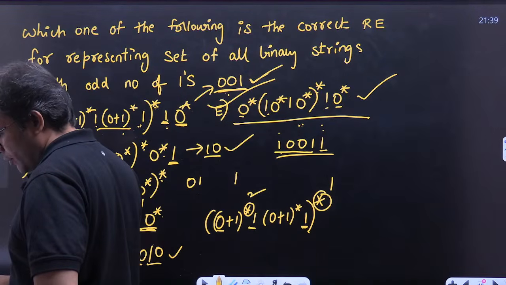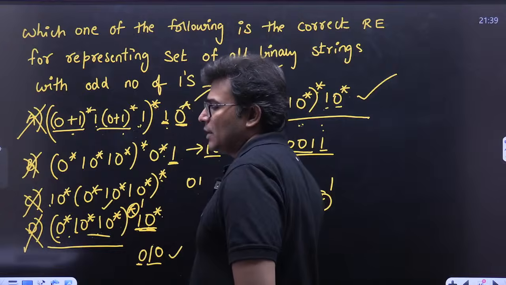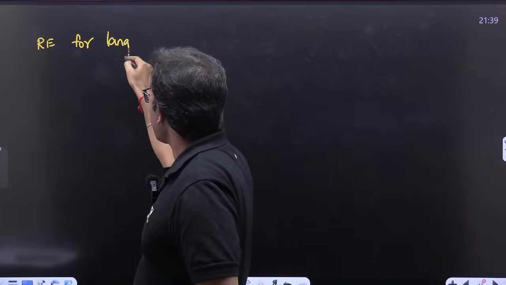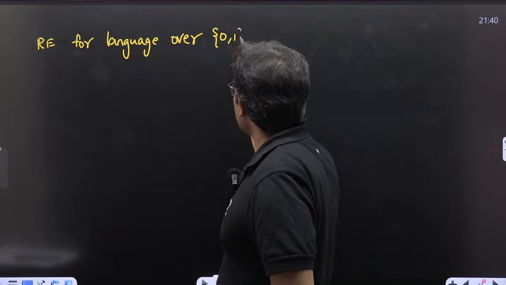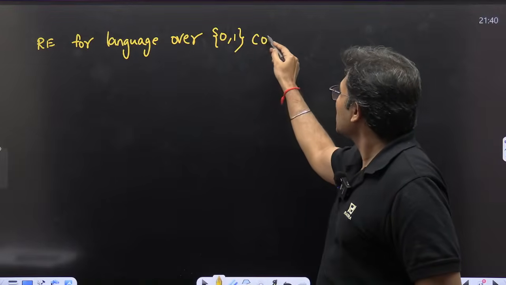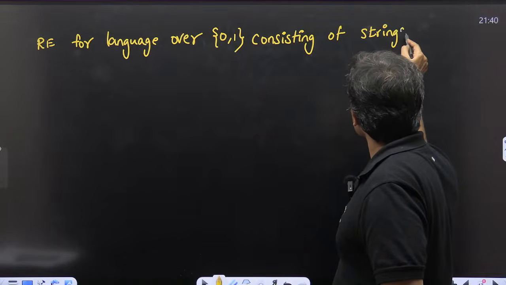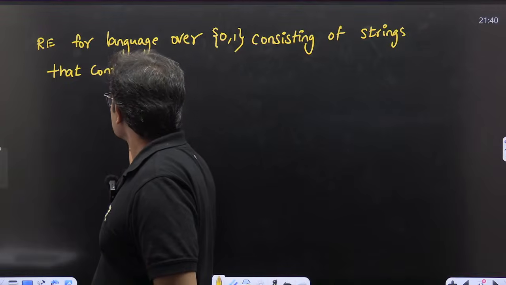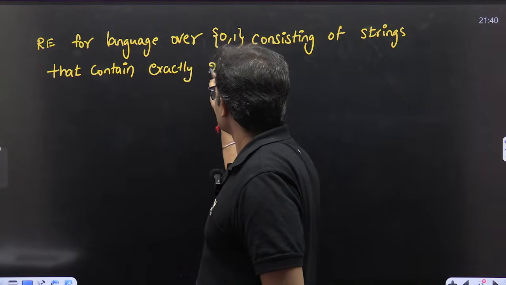Right? Okay. Now, a regular expression for the language over 0 comma 1 consisting of strings that contain exactly two ones.